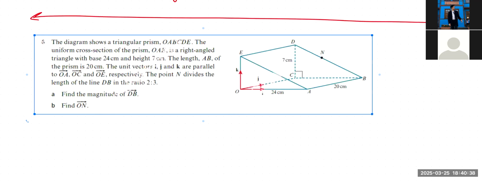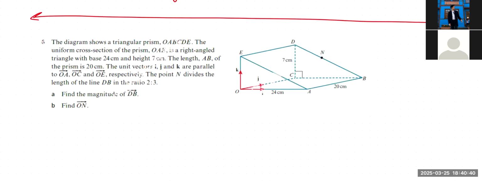It's a 3D shape, and we're given a bunch of lengths. We're told that this is 24, this is 20, and this is 7. And we're told that the unit vector K is pointing in the OE direction, and the unit vector J is pointing in the OC. Sorry, I is OA and not OC. So I, J, K.